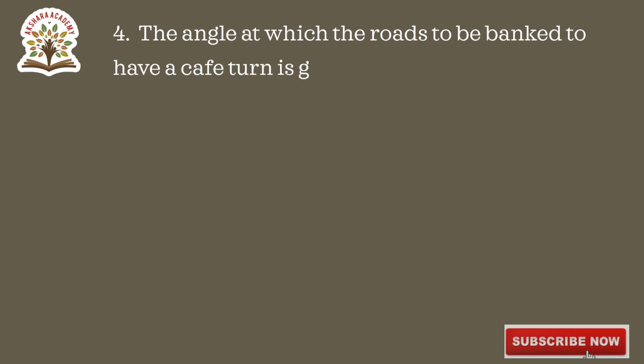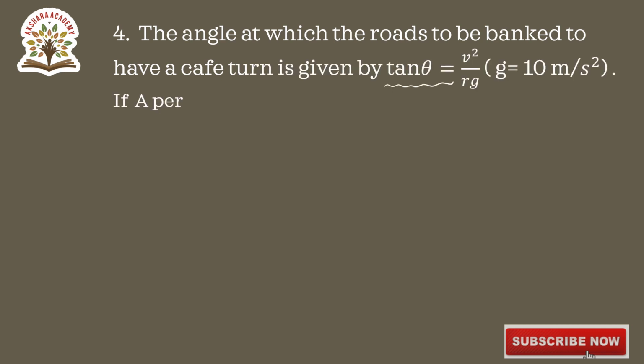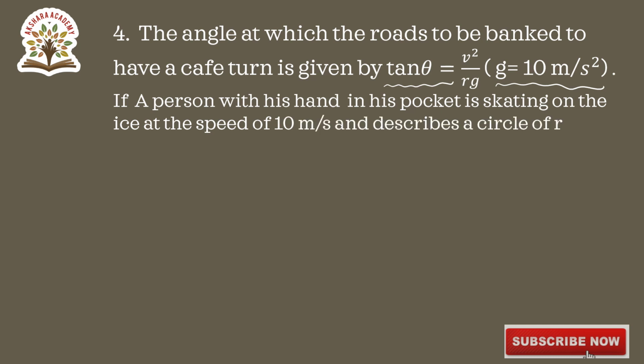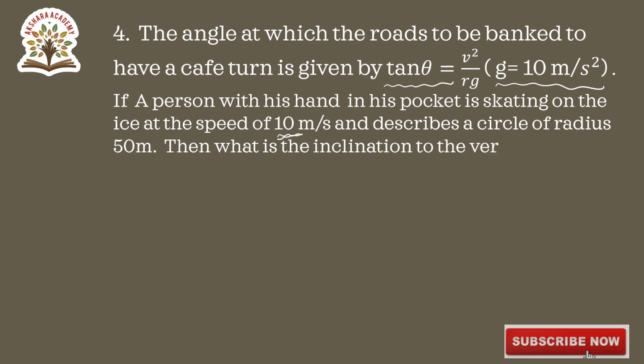Next question, the fourth one. The angle at which the road is to be banked to have a safe turn is given by tan theta is equal to V square by Rg. The given G is 10 meters per second square. If a person with his hand in his pocket is skating on the ice at a speed of 10 meters per second and describes a circle of radius 50 meters, then you have to find out what is the inclination to the vertical.